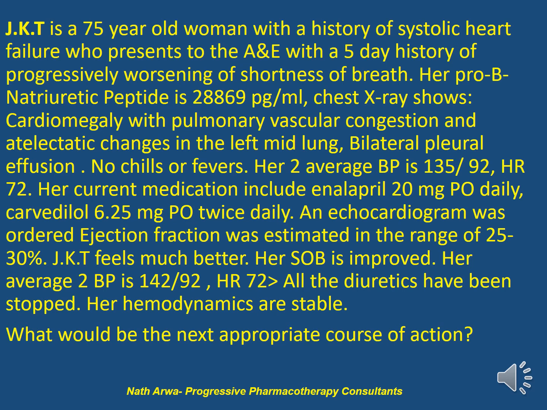Her shortness of breath has improved. Her average BP is 142 systolic, 92 diastolic. The heart rate is still above 72. And at this stage, you've stopped all the diuretics, and she's hemodynamically stable. So what would be the next best appropriate course of action?